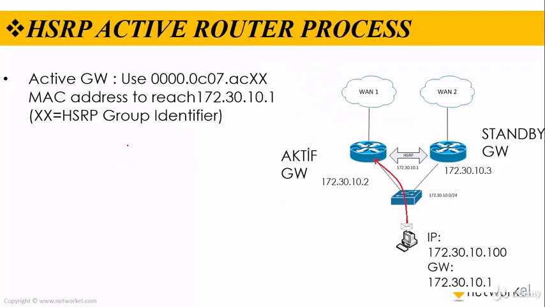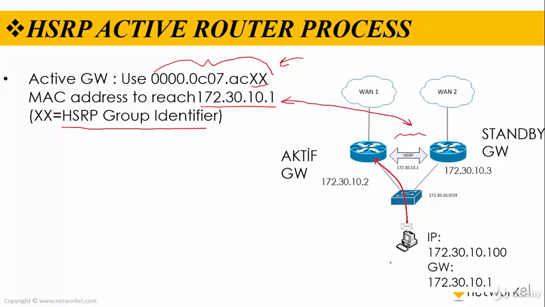In HSRP, the active gateway propagates this MAC address and says, hey guys, use this MAC address, where XX is the HSRP group identifier, to reach this IP address, which is the HSRP standby IP.